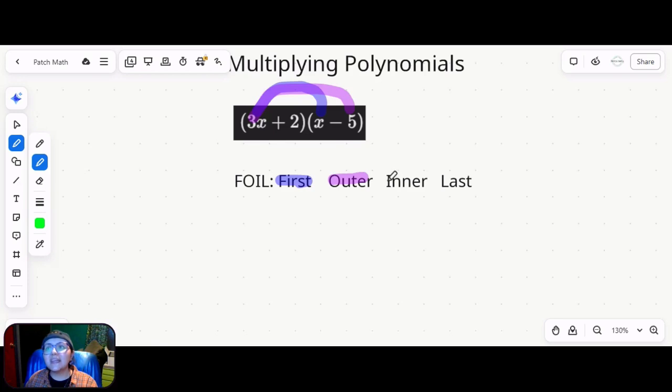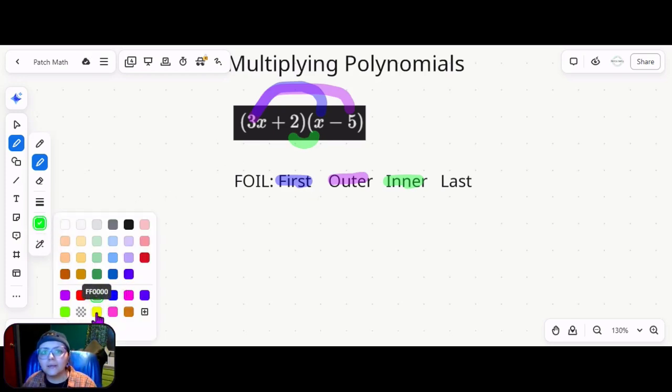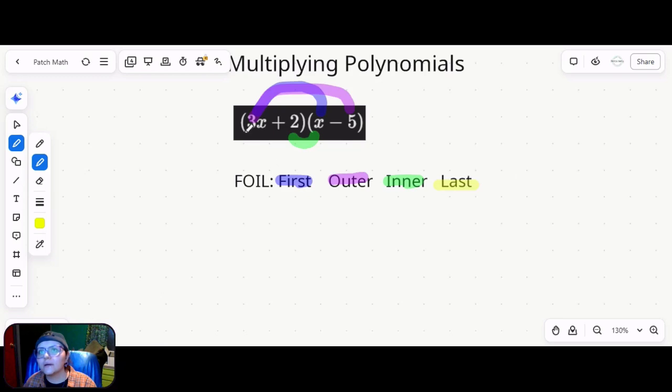And then the inner, that would be these two right there, because they're on the interior of the problem. And then last, almost made an error there, and that is the last term in each binomial multiplied together.